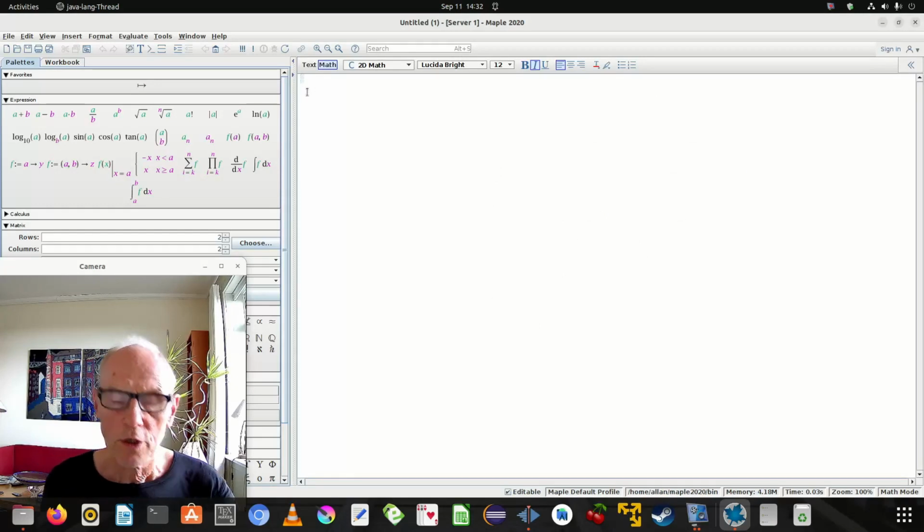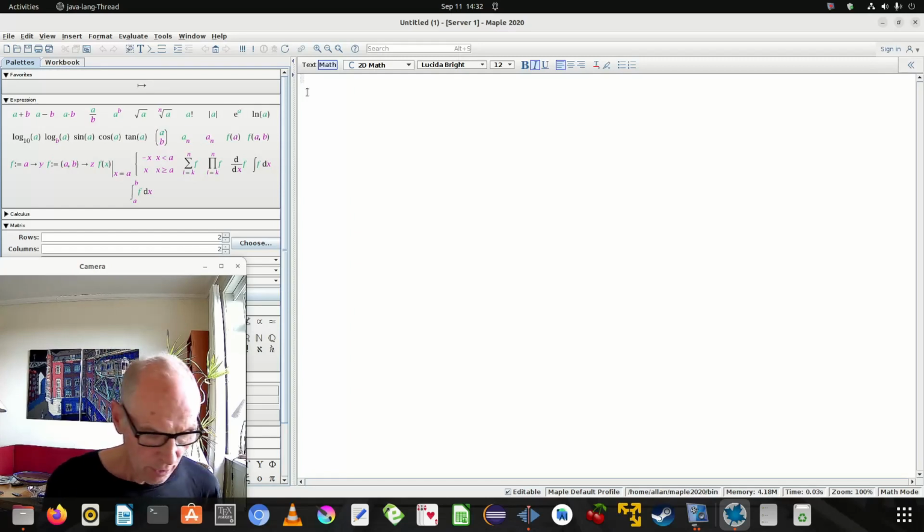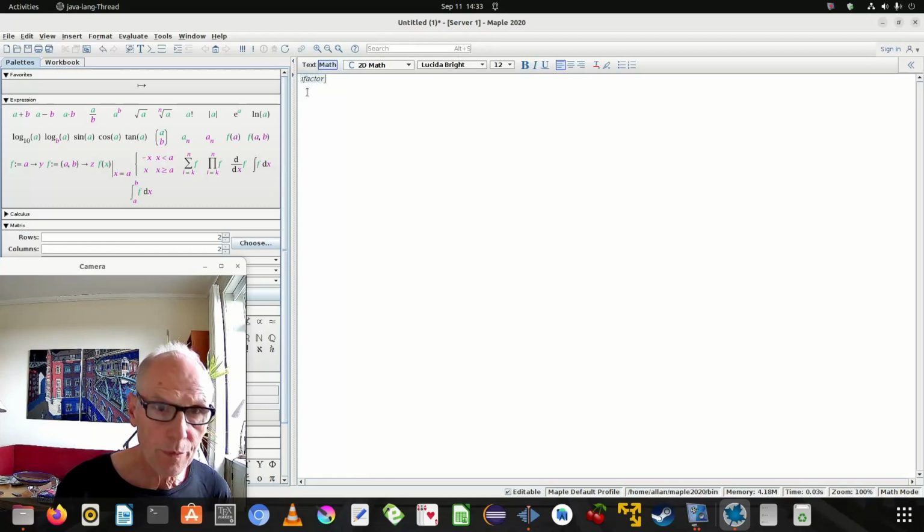For some reason, you couldn't see my working on Maple, so I've just inserted it here. We wanted to factorize different powers of 25 minus 1.